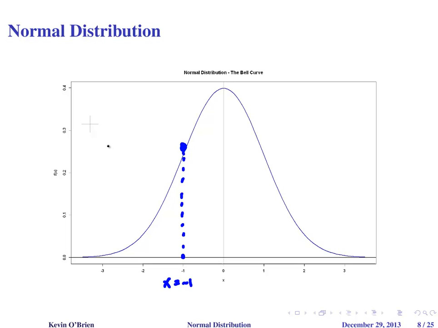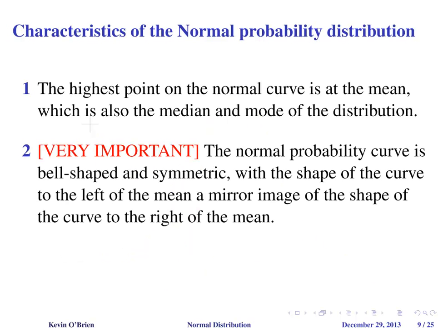So f of -1 is approximately 0.27, I'm just guessing. That's what that mathematical function tells us, but it's not actually necessary to compute it.